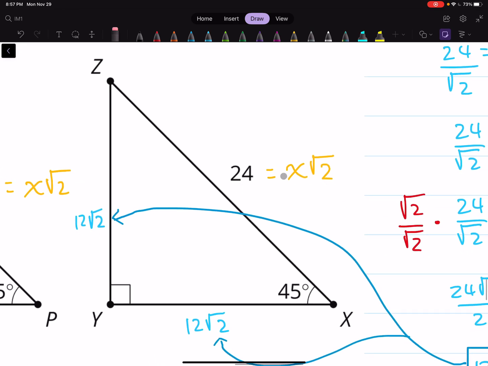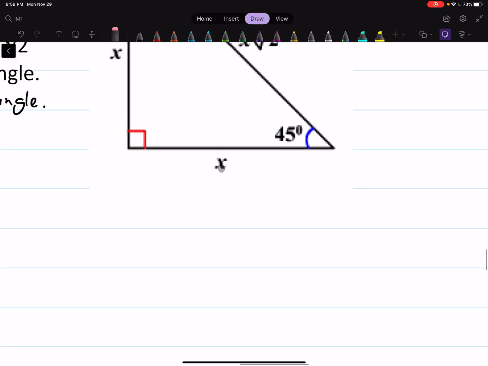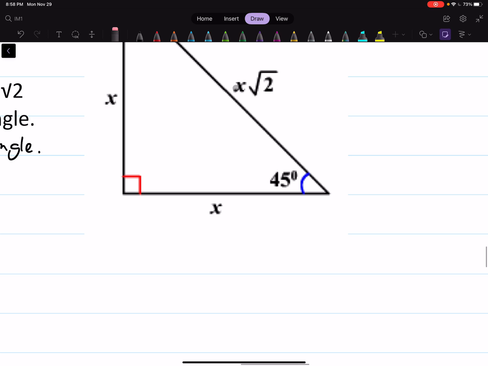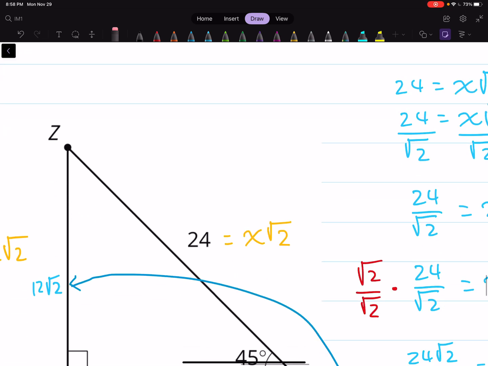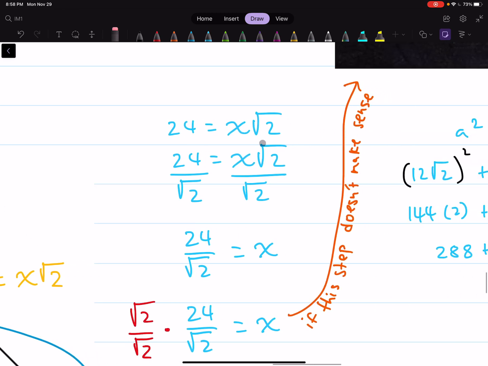And now we have to solve for x, because when we solve for x, we can find the length of the leg, since the length of the leg is just x. So 24 is equal to x square root of 2, right here. I'm going to divide by square root of 2 on both sides so that I can get the x by itself.